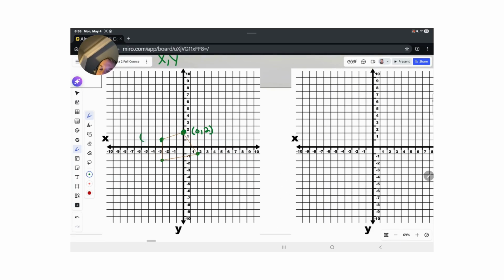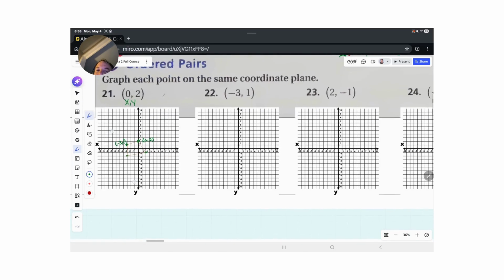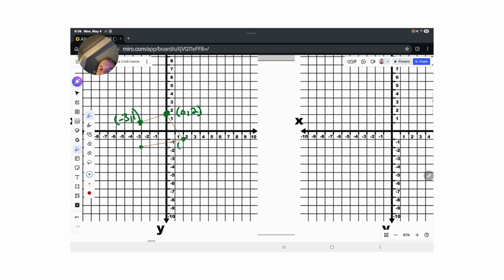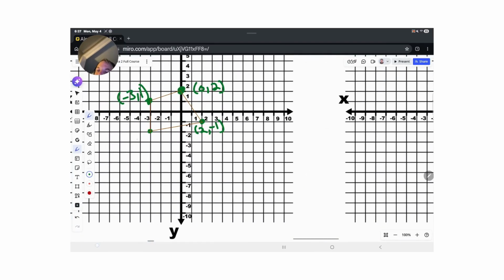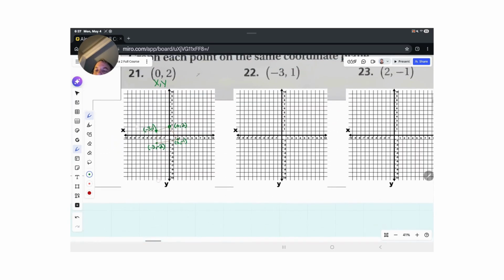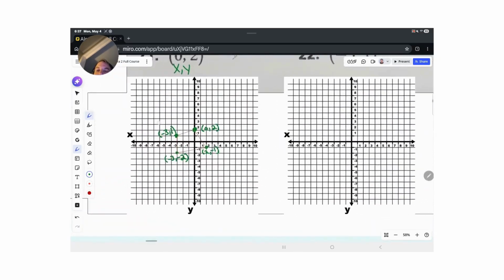Here is -3, 1. 2, -1. And our last one is -3, -2. As we're double checking those to make sure we got those correct. All right, and that will be a point in each of our quadrants, right? 1, 2, 3, and 4.